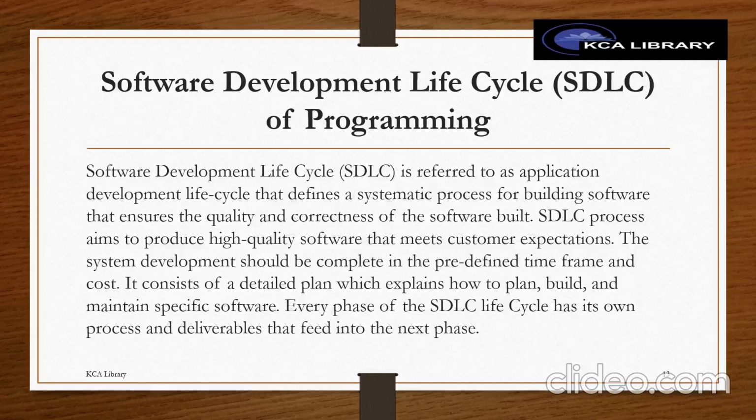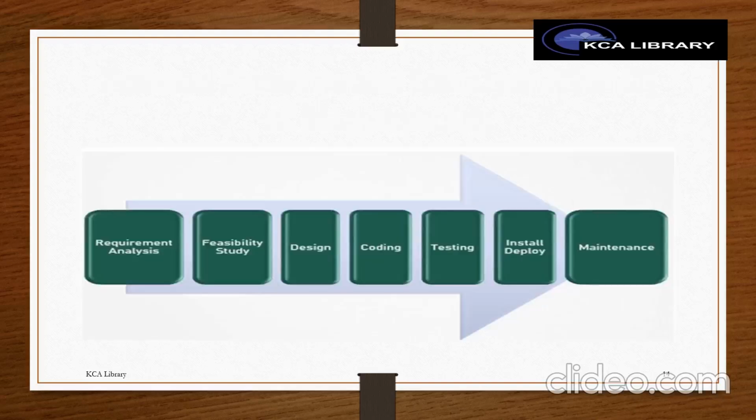The system development should be completed in a predefined time frame and cost. It consists of a number of processes, starting from requirement analysis. Requirement analysis is always about getting the essential requirements from the customer.